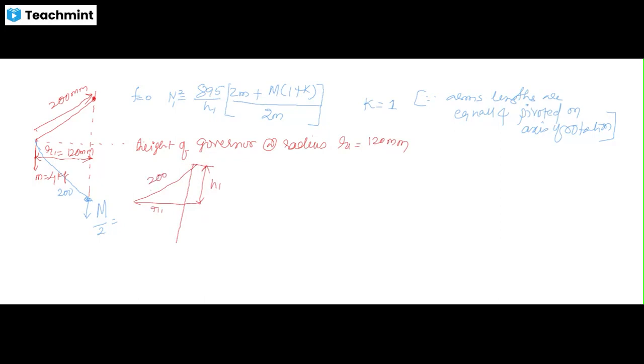So this is 120. Now h1 equal to square root of 200 square minus 120 square. So now someone calculate and give the value of h1.